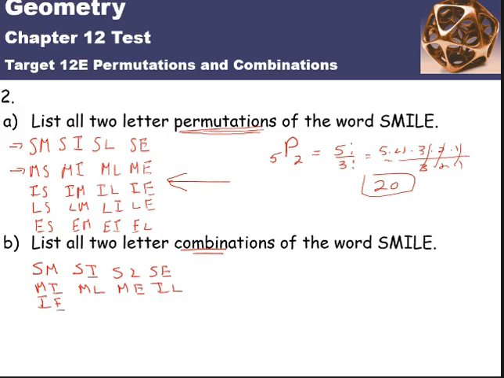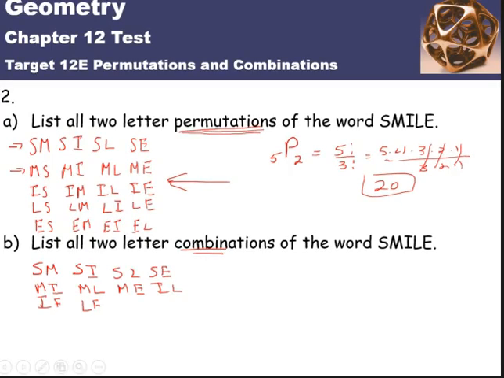Okay, and then LS is SL, LM is ML, and LI is IL, so it looks like the only thing left is LE. And LE isn't down here, so I'm going to add LE. Okay, then ES is SE, we already have it. EM is ME, we already have it. EI is the same as IE, we already have it. And EL is the same as LE. These are too sloppy for me to read.